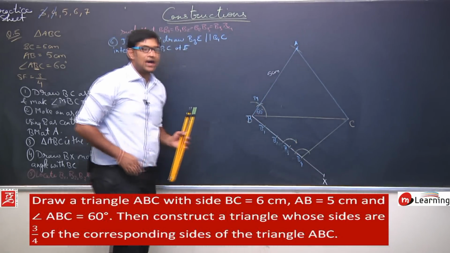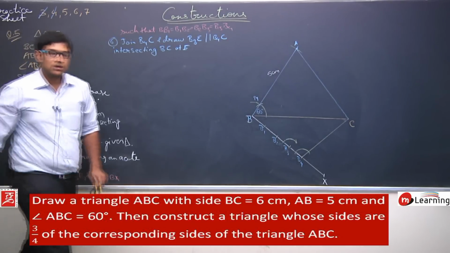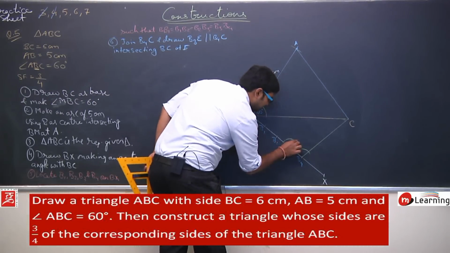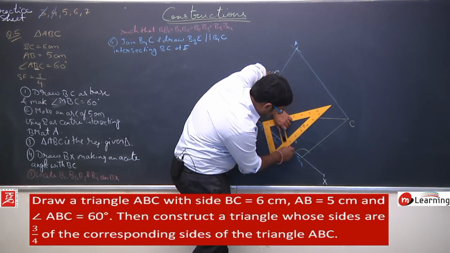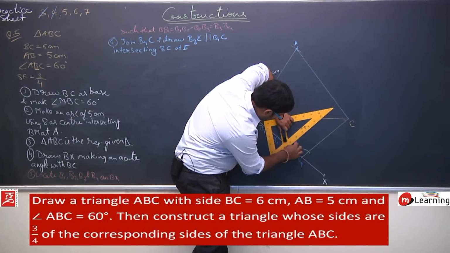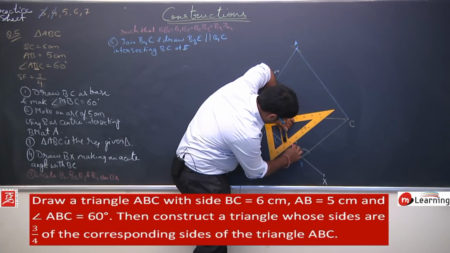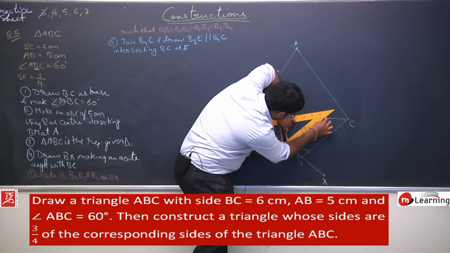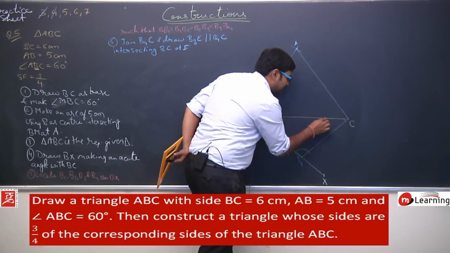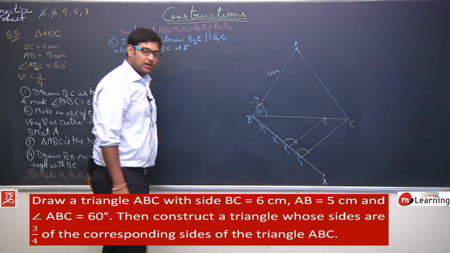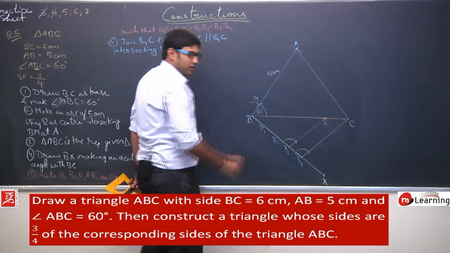You can see the two arcs are intersecting at some point. Using B3 and this point, draw a line like this, and this line is intersecting BC at point E. You will get this B3E which is intersecting BC at point E.